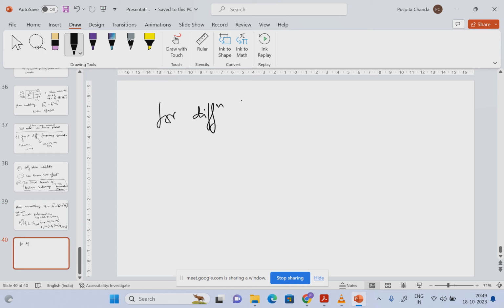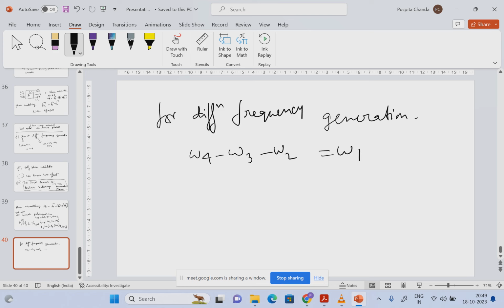For difference frequency generation, we need to take into account the conjugate electric field. So omega 4 minus omega 3 minus omega 2 will give omega 1. Omega 4 minus omega 1 minus omega 2 will be omega 3.